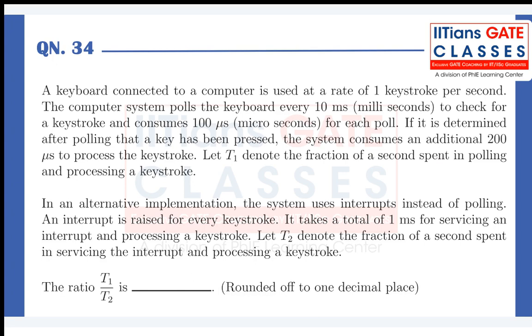If it is determined after polling that a key has been pressed, so after the CPU asks the keyboard, have you pressed a key? The keyboard is saying yes, actually the user has pressed a key. The system will consume an additional 200 microseconds to process the keystroke, to process what the user has pressed.